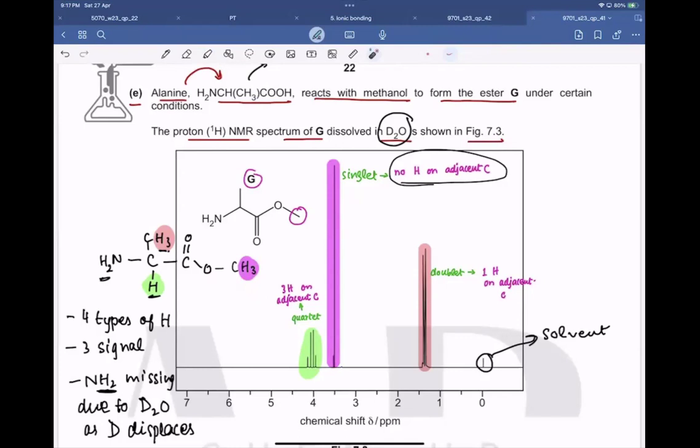Yes, Shahan, it's a proton NMR. Carbonyl carbon has no hydrogen. We always get the signal for a hydrogen. See, I have highlighted hydrogen; I didn't highlight a single carbon. It's a proton NMR.